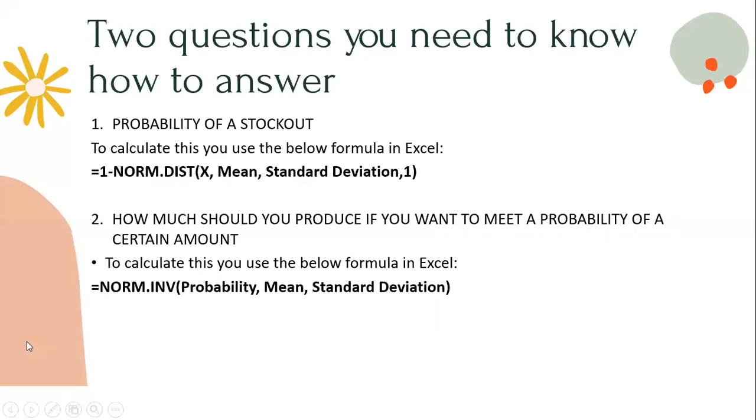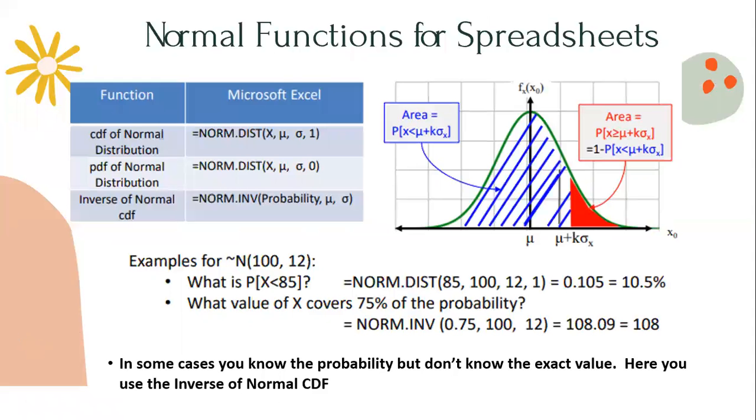For this, the formula is norm.inv, and you bracket probability, comma, mean, comma, standard deviation, close the bracket, press enter, and you will get the answer. Also, always remember that when you put in a formula in Excel, you have to put either an equal sign or a plus sign at the beginning.